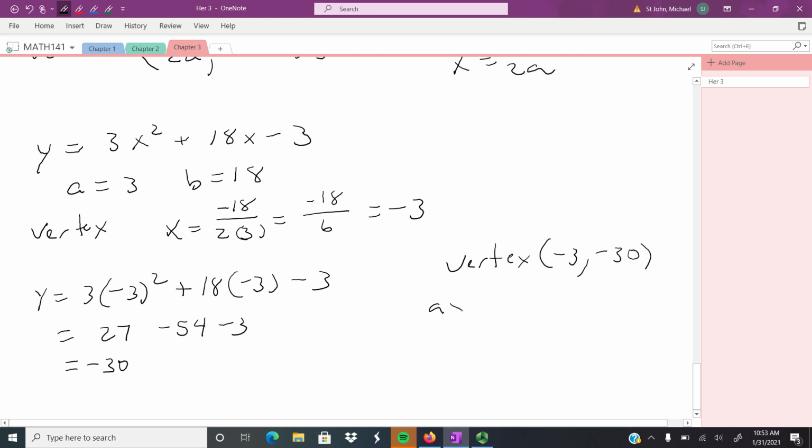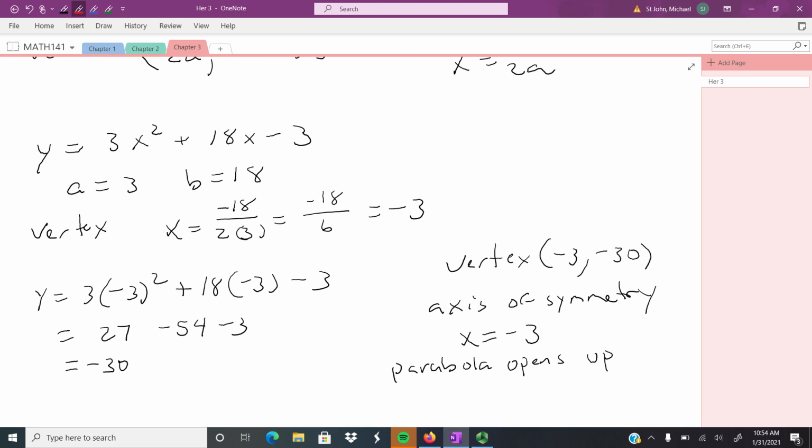The axis of symmetry is x equals negative 3. And this parabola opens up, so my vertex point, in this case, represents the minimum.